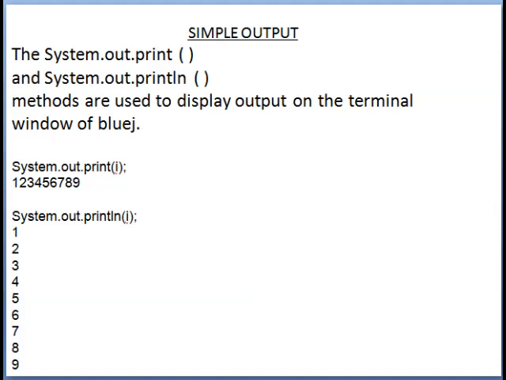Students, the explanation part of this chapter, values and data types, is over. Next we are going to see the question answers, and I will give some assignment questions that you have to submit. That's all about the chapter values and data types.